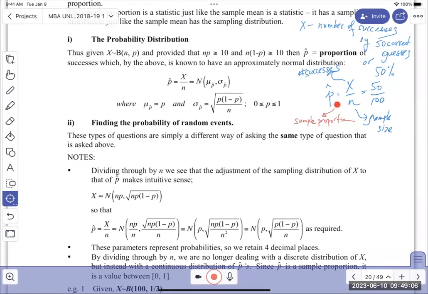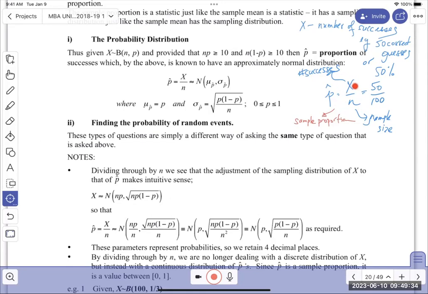How do I compute P hat? I take X and I divide it by N. Well, N is a statistic because it is the sample size. So it's a number computed from a sample. X is the number of correct guesses, or X is the number of successes in a sample of N independent trials. So it's also a statistic.